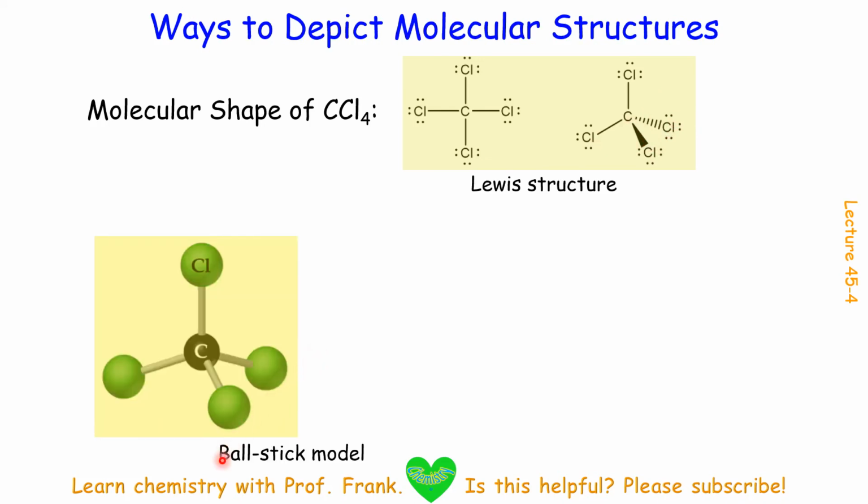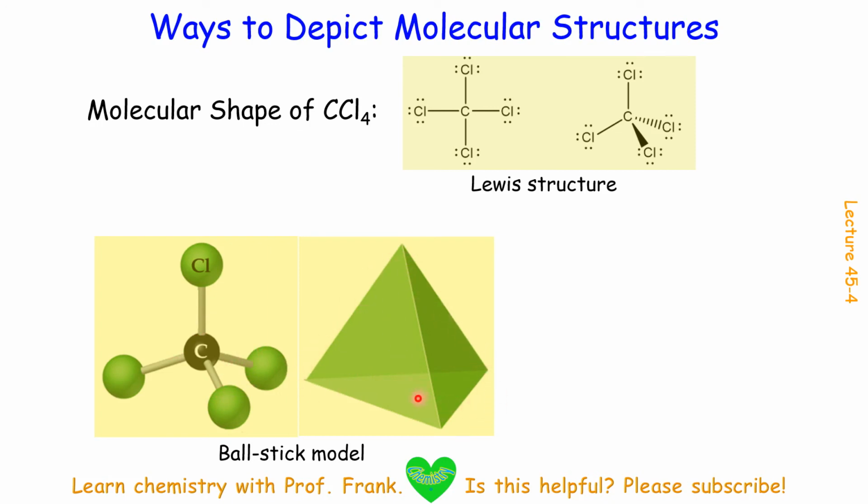Then there are the so-called ball-and-stick models. Those balls are atoms and the sticks are bonds. Of course, the molecule, in this case, is tetrahedral, so the molecular shape looks more like this.